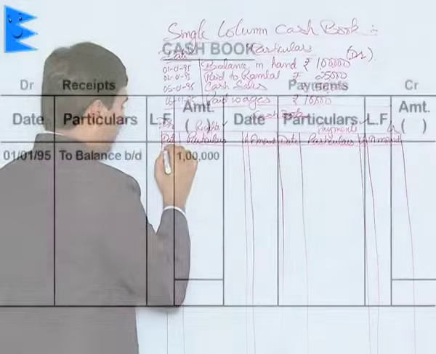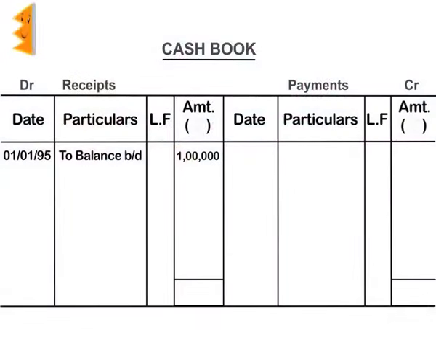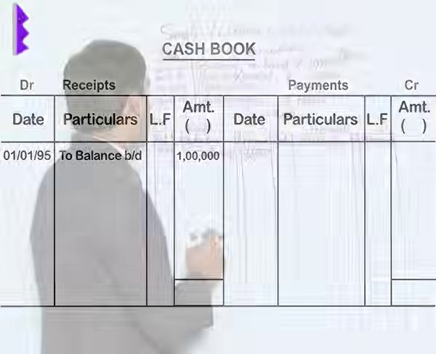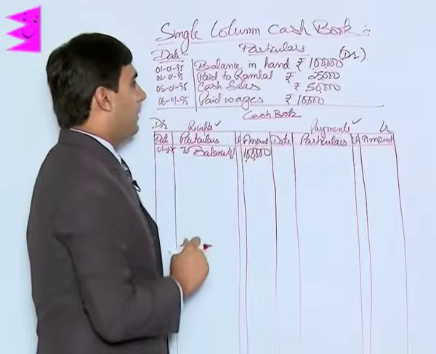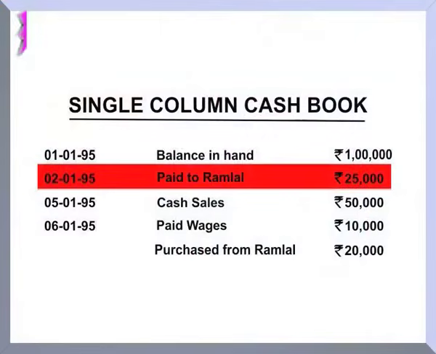So now on 1st January 95, to balance brought down 1 lakh. Since it is debit balance, so it is put on the debit side. Now the second transaction is on 2nd January 1995, that is paid to Ramlal.